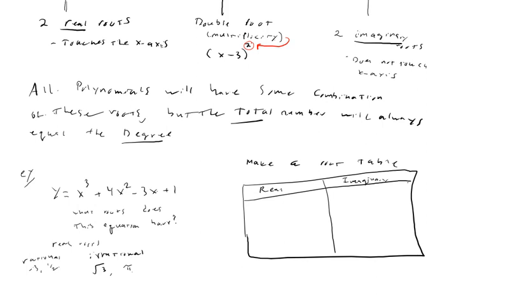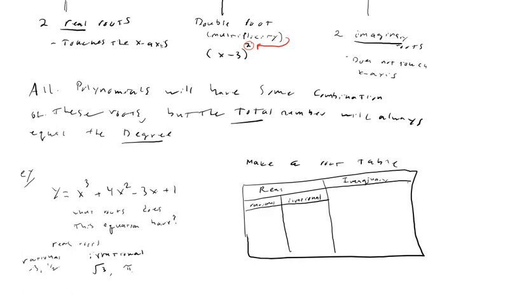So in the real category, we have these two subcategories. We're going to have rational or irrational. Let me try to write this word a little bit better. Irrational. Okay.